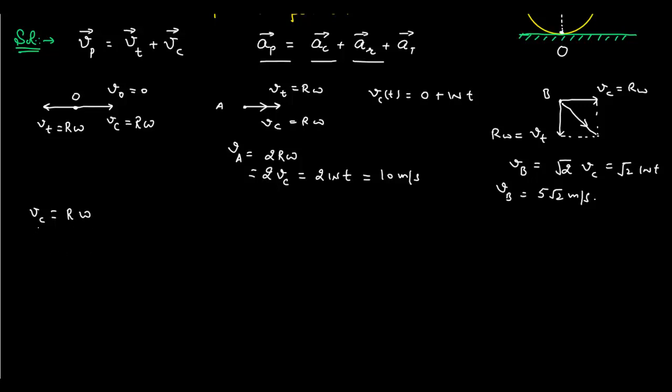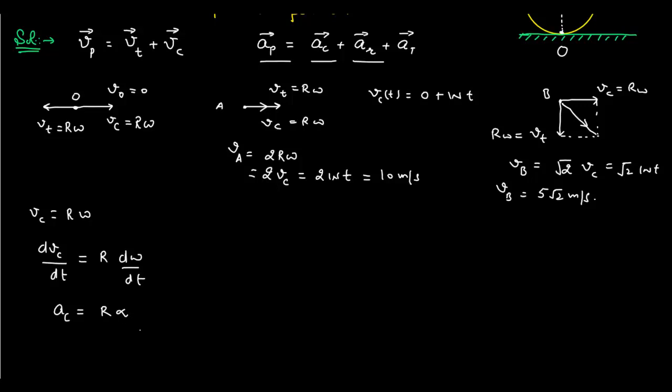If we differentiate this result with respect to t, we can write dvc by dt, and that is equal to r, the radius, which is constant, but this omega will change. Now this dvc by dt is the acceleration of the center of mass, and that is equal to r d omega by dt, which is r alpha.